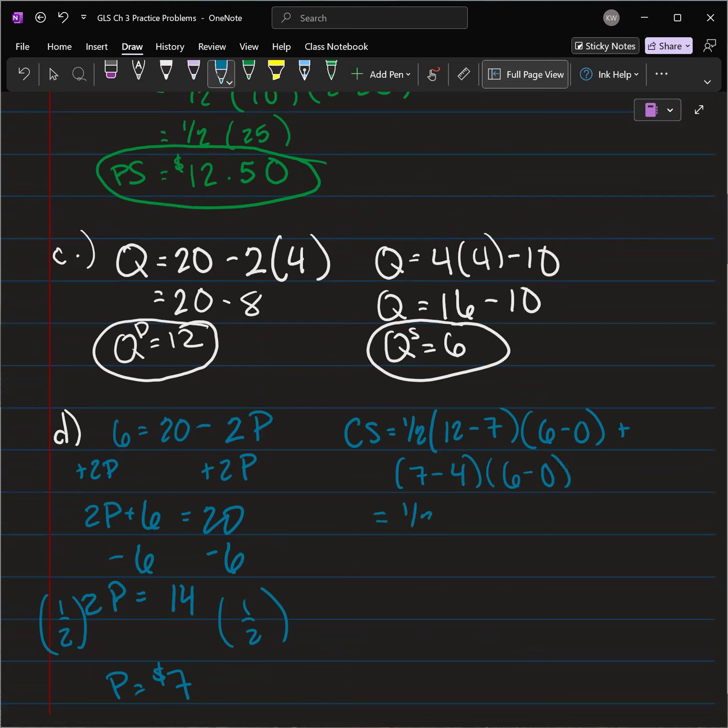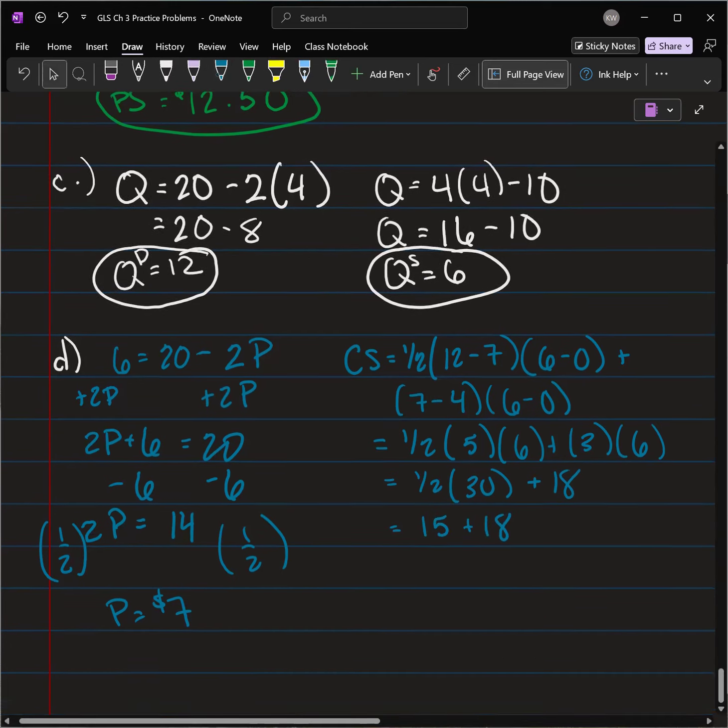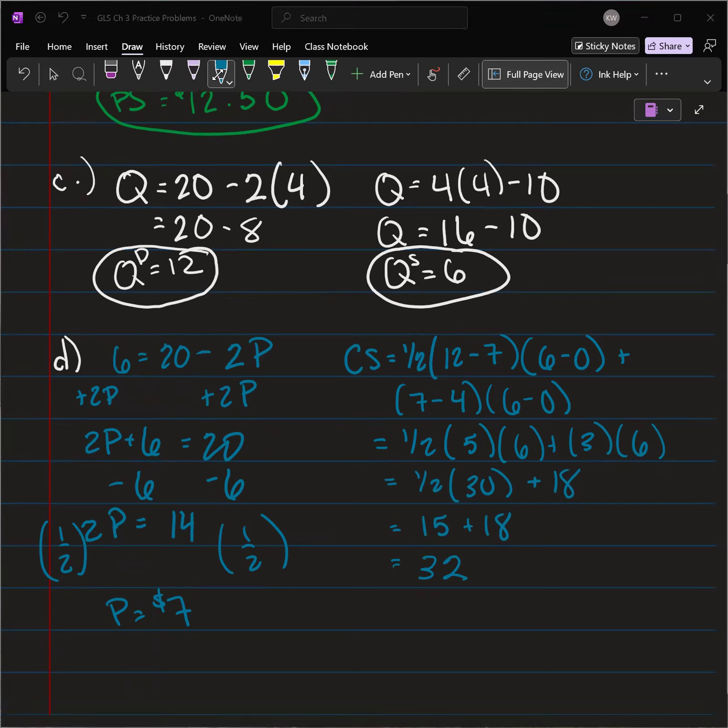So simplifying gets us 1/2 times 5 times 6 plus 3 times 6. 5 times 6 is 30. So we have 1/2 times 30 plus 18. Half of 30 is 15, and add to that 18. That's going to get us a consumer surplus of 32. Excuse me, 33.